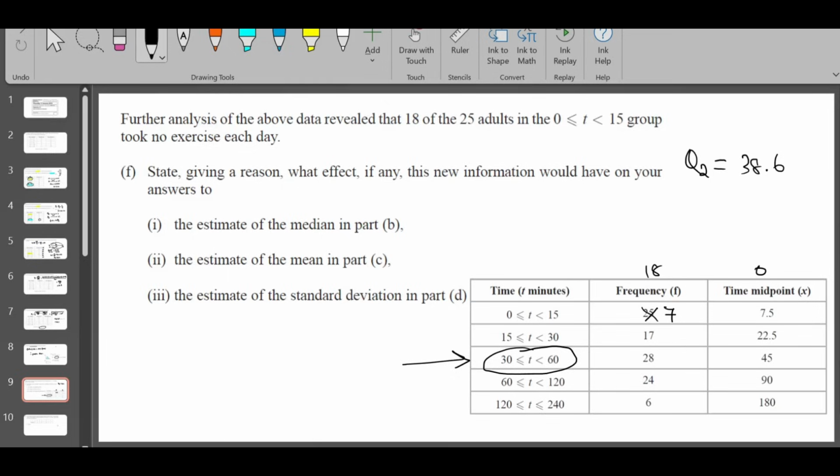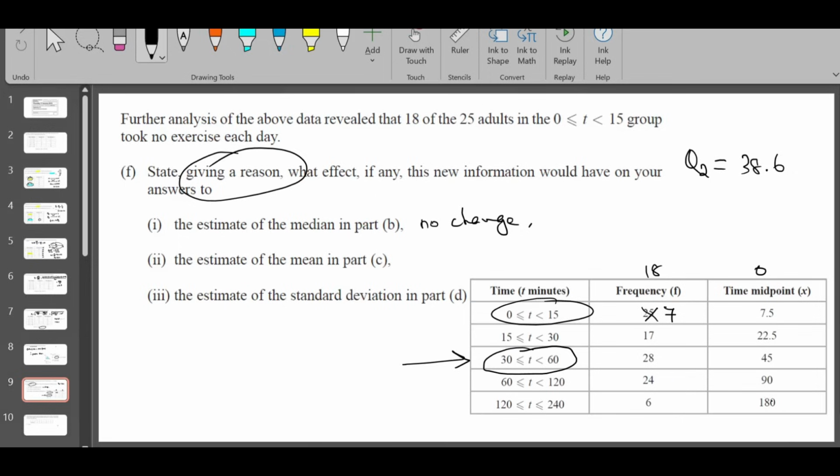So whatever changes we are making here is in the first class interval. It's not going to affect the median because all these 18 values are also below the median, right? So you can write for the median, no change. You can't just write no change, you need to give a reason.